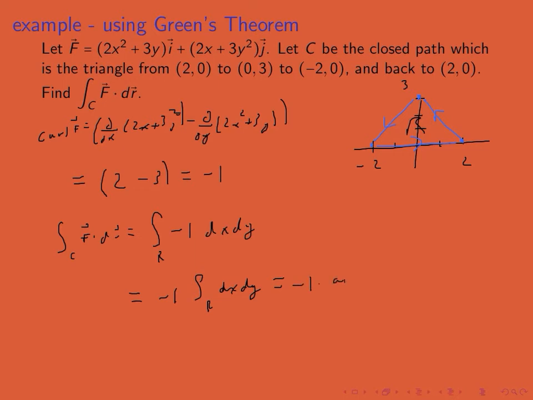So this is minus 1 times the area of the triangle, and I know that the area of a triangle is 1/2 times the base. The length of the base is 4, times the height, and the height here is 3. The area of the triangle looks like it's 6, and so the value of this line integral is -6.